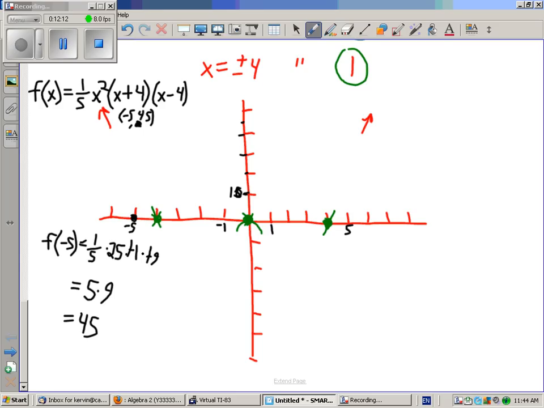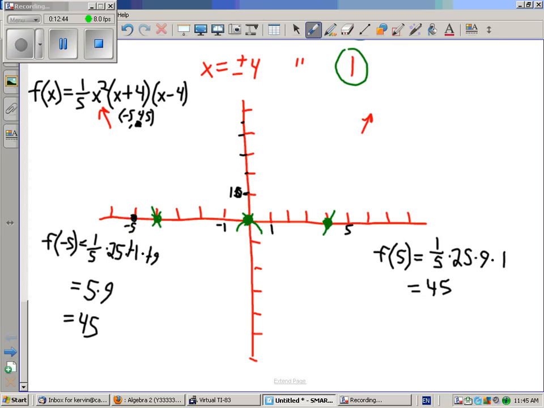Now, we have a couple of options here. One is we can do another test point when x is equal to 5. If I find f of 5, what will happen is that we'll have 1/5 times 25 times 5 plus 4, which is 9, times 5 minus 4, which is 1. 1/5 times 25 is 5, times 9 is 45.